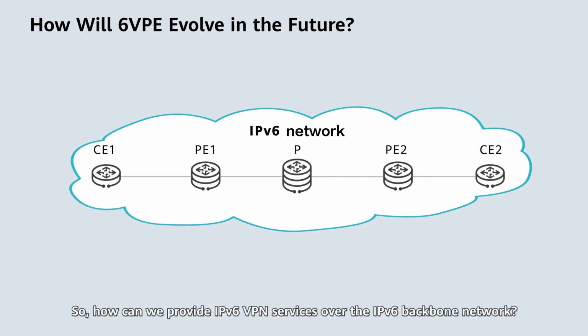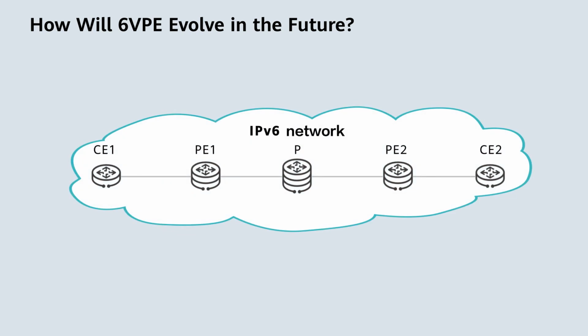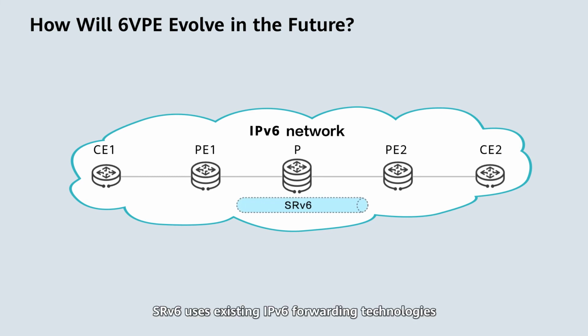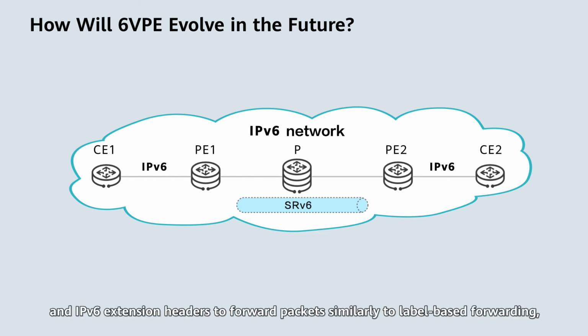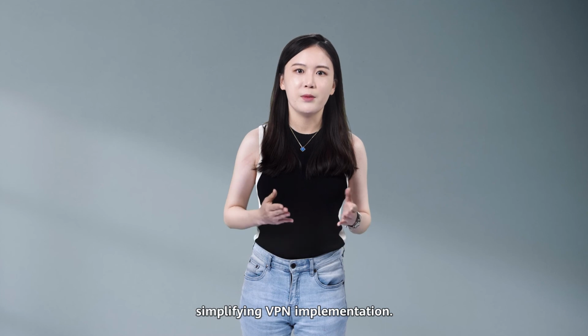So, how can we provide IPv6 VPN services over the IPv6 backbone network? This is where SRv6 comes in. SRv6 uses existing IPv6 forwarding technologies and IPv6 extension headers to forward packets similarly to label-based forwarding, simplifying VPN implementation.